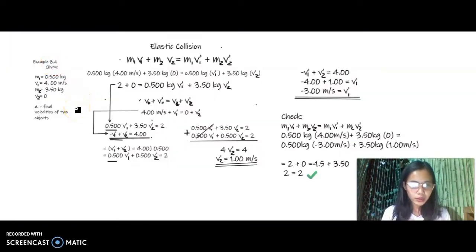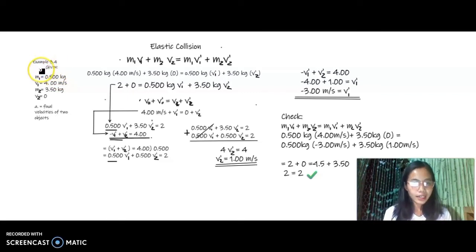So now we're going to solve example 8.4 of the elastic collision. In the textbook, as you have seen, there is no proper computation on where the book got the -3 in the velocity prime 1. So we're just going to solve it in a simplified version to understand it thoroughly.